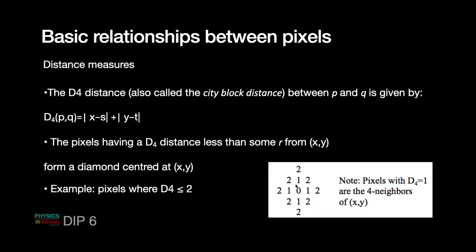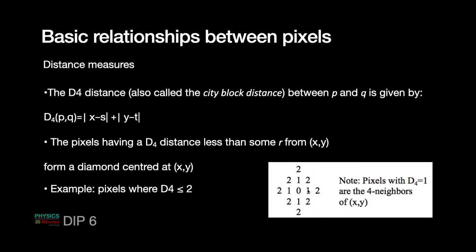If I say my D4 distance is 2, then what are my pixels? From here I can go 1, I can go 2. So this is my D4 distance 2 pixel. From here, further left, 2 steps now because I'm looking at a distance 2. But apart from these, there are some other pixels also. I can go from here to here, that is my 1 step. But my D4 distance measure uses the 4 neighbor pattern.